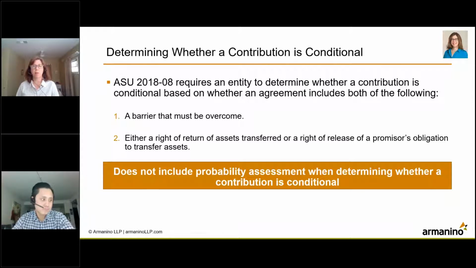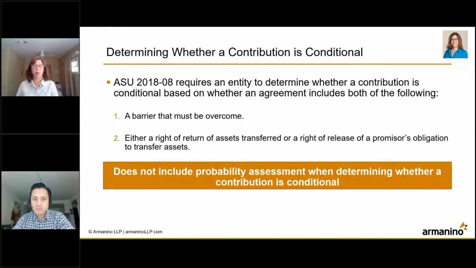There's a barrier that must be overcome, and there's a right of return of the assets transferred, which is usually money, or a right of release of the promisor's obligation to transfer additional assets. So 2 things that are really important here. One is that both of these things have to exist. If there's one or the other, then it won't be ultimately conditional.